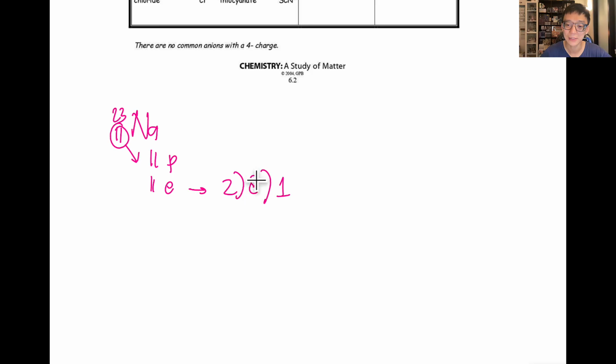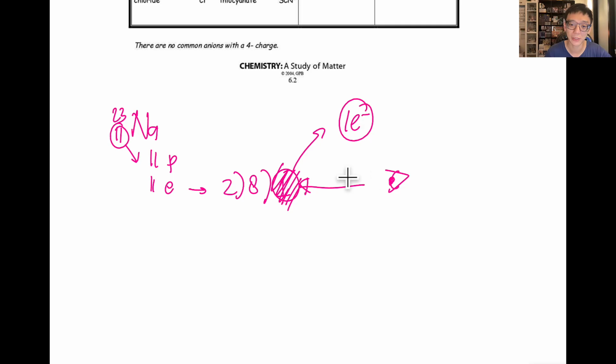Since it is 2, 8, 1, it is not full, so the shells are not completely filled. So sodium would find a strategy so that when people look at sodium from the outside, it would appear full. One strategy for the sodium atom is to throw away this electron, one electron away, so that when people see sodium from the outside, they will see a full shell.